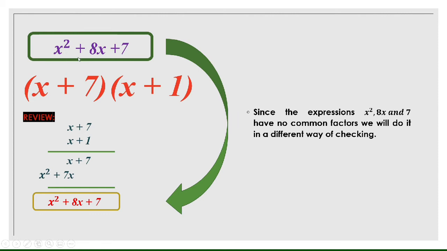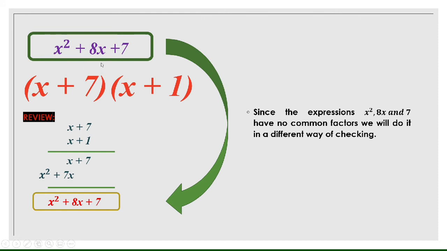So, as you can see, wala silang common factors. Though, merong x dito sa harapan at merong x din dito, pero si 7, wala siyang variable na x. And, pag titignan mo naman sa numerical coefficient, wala silang factor na pare-parehas except for 1. Yun lang yung meron sila.